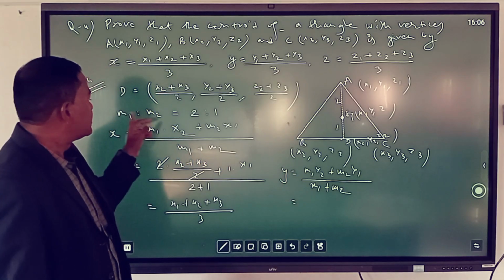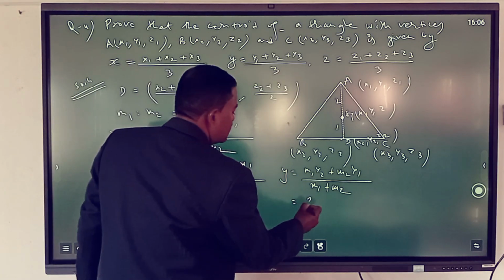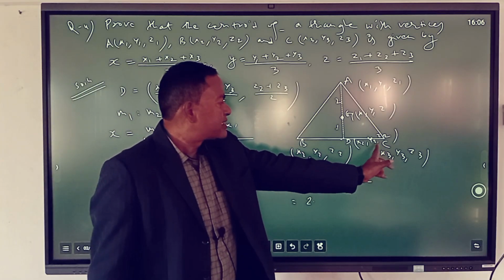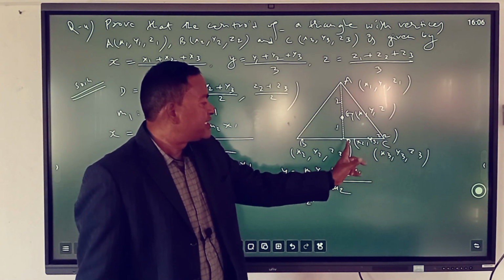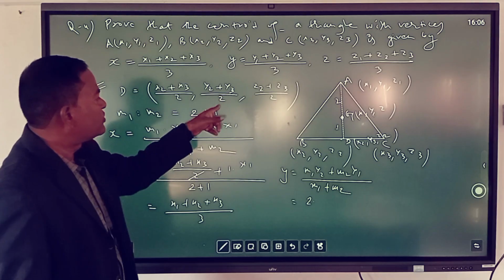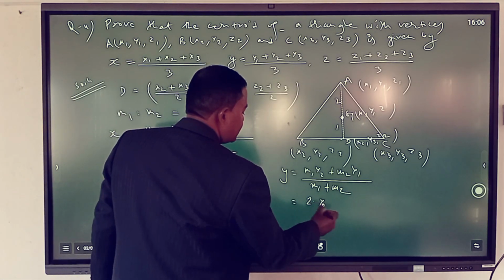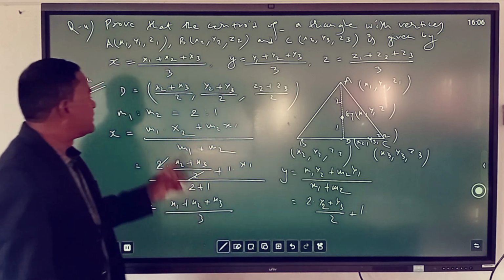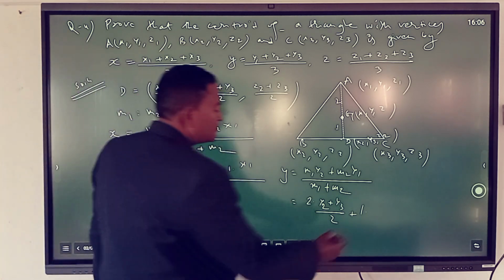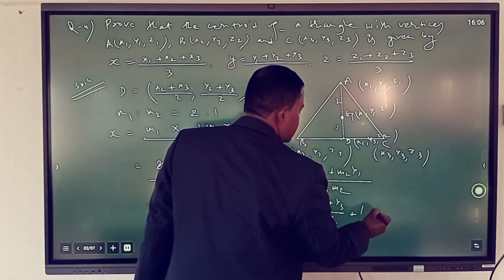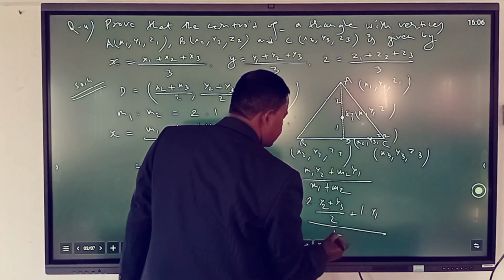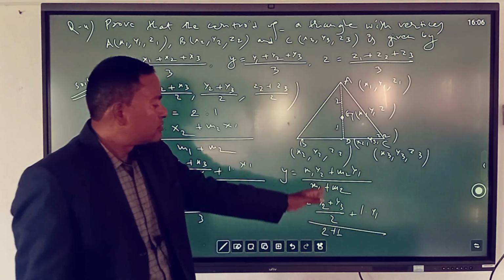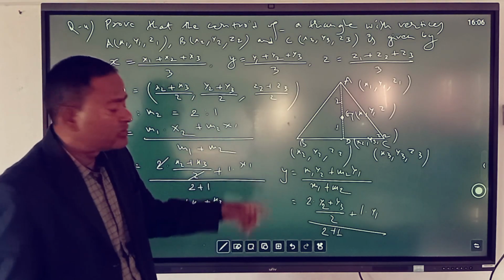Let us substitute the values. m1 means 2, and y2 means the y coordinate of D, which is y2 plus y3 divided by 2, and m2, the value of m2 is 1, times y1, divided by 2 plus 1. m1 means 2 and m2 means 1.